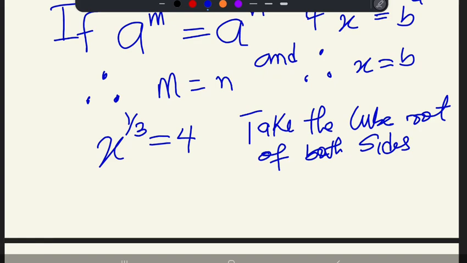But before you try to do this, you write the cube root like this, equal to 4, and then take the cube of both sides.